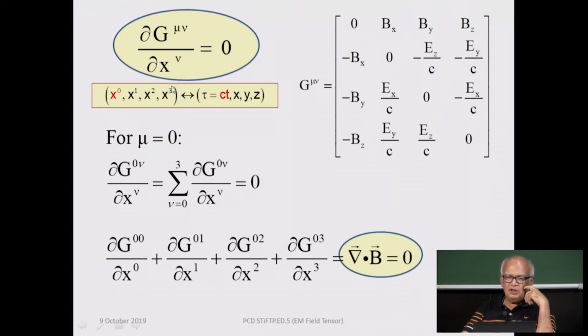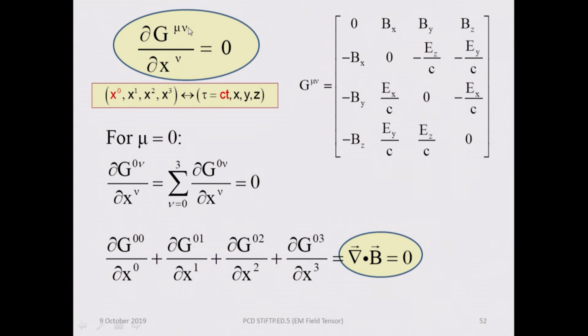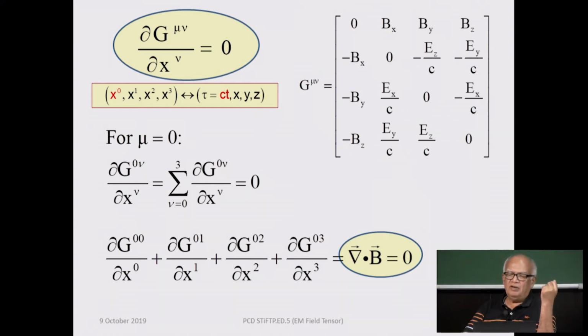So, for mu equal to 0, when you sum over nu going from 0, 1 to 3, for 0 you get a term 0, and from the other 3 you get the partial derivatives of Bx, By and Bz with respect to x, y and z, and that is what gives you the divergence of B when you sum over all the 3, right.